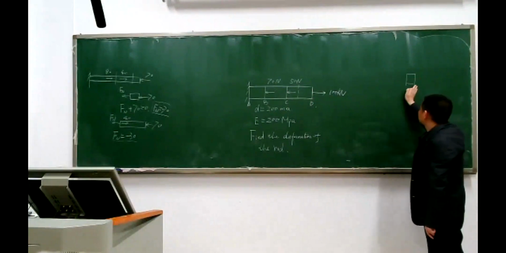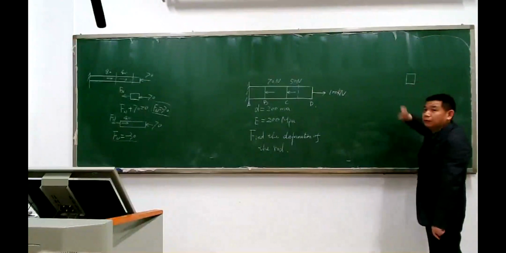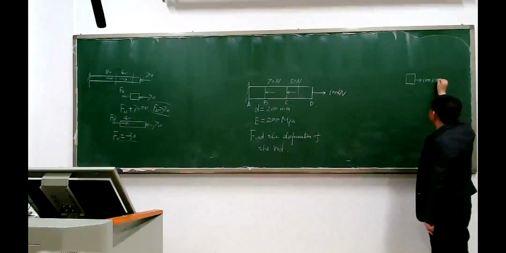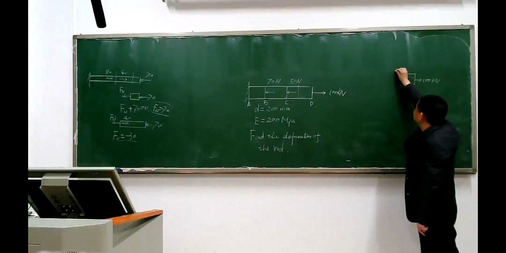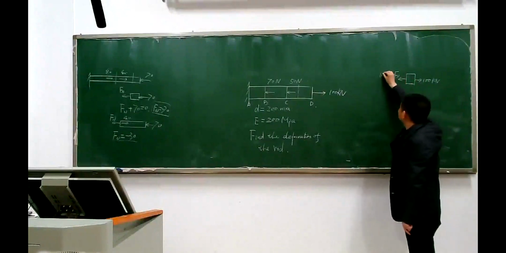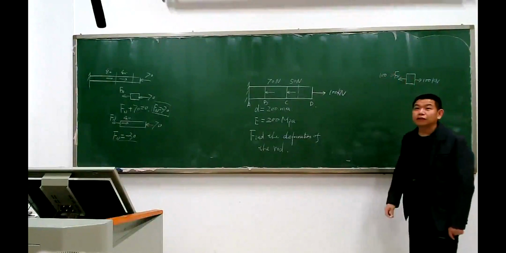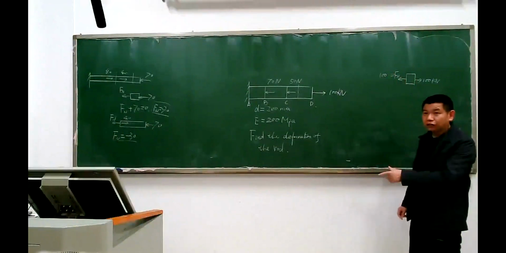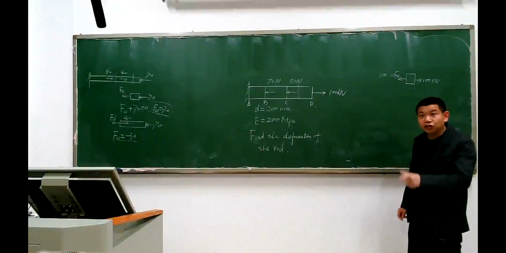Take the red part to consider the red part. It's 100 kilonewton. Assume it's in tension. We find it's 100 kilonewton. It means part CD is in tension.